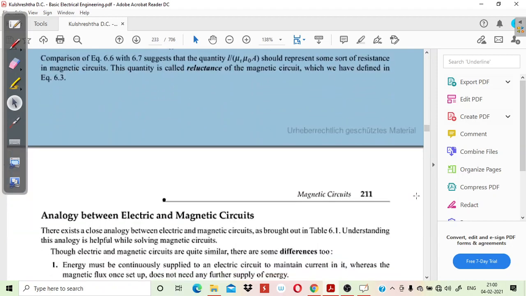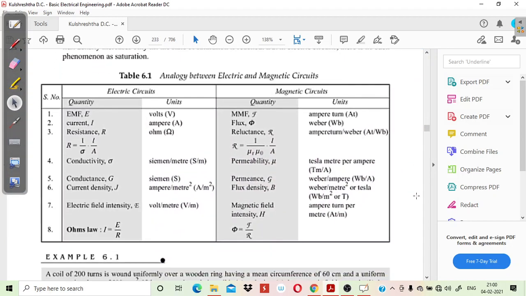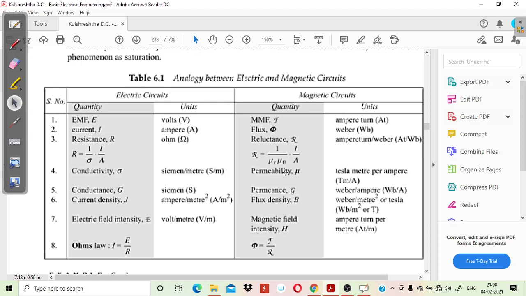Now I'm introducing a table in which we are comparing the two circuits, an electric circuit and a magnetic circuit.